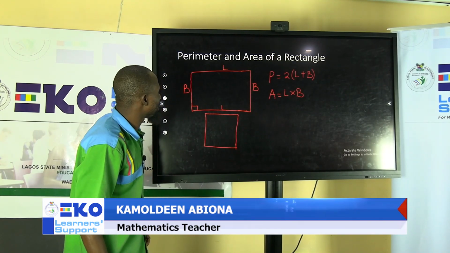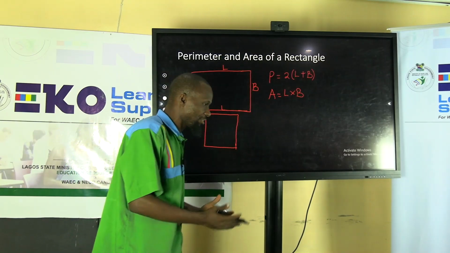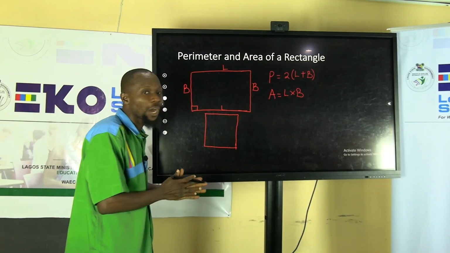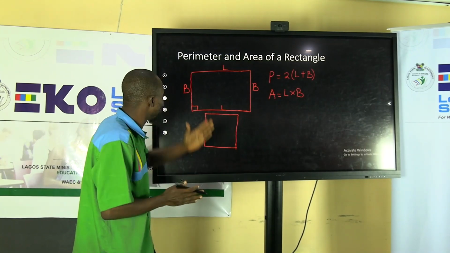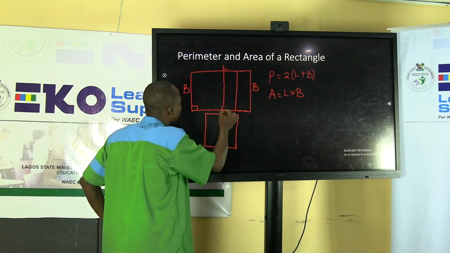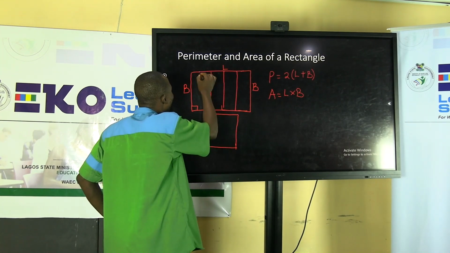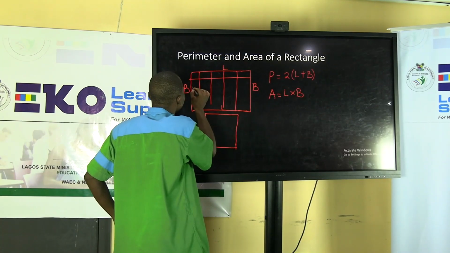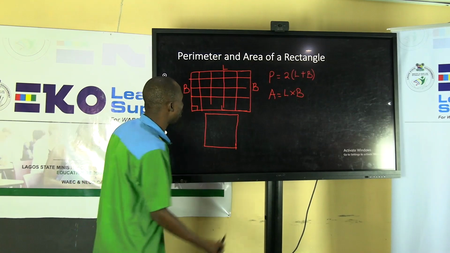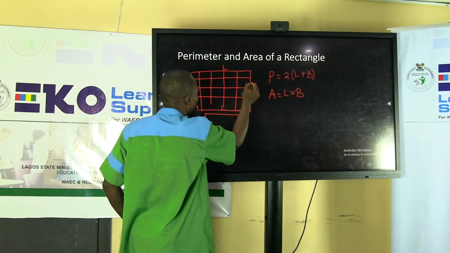Alright. So take note of this. So that is, imagine the tiles in your house. Yes. In that case, you may want to know the number of tiles. That's one of the applications. You may want to know the number of tiles there. So we have tiles like this. And you have 1, 2, 3.